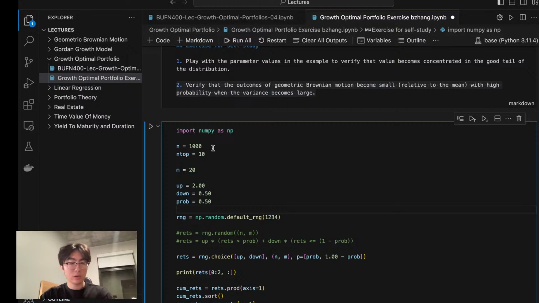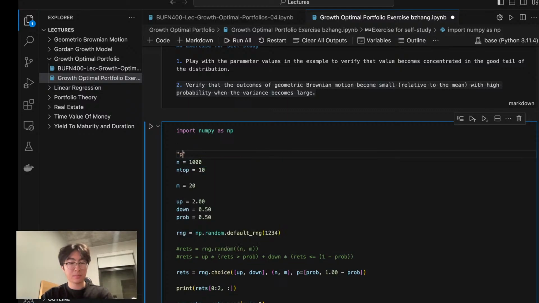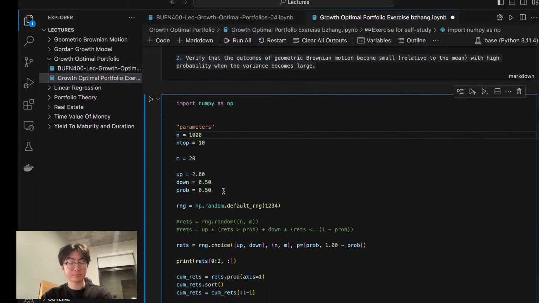Okay, so we'll call these parameters. So number of periods. Number of samples.